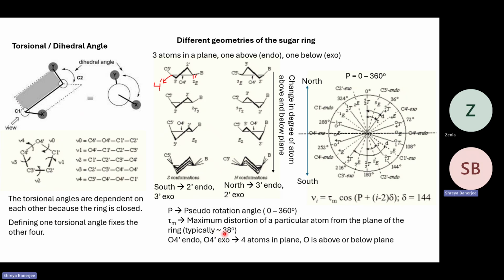It is typically around 38 degrees. Then there is cos in the bracket P, where P is defined as the pseudo rotation angle from 0 to 360 degrees, plus (i minus 2) times delta. Delta is a constant, that is 144. So using this formula, the different torsional angles can be predicted.